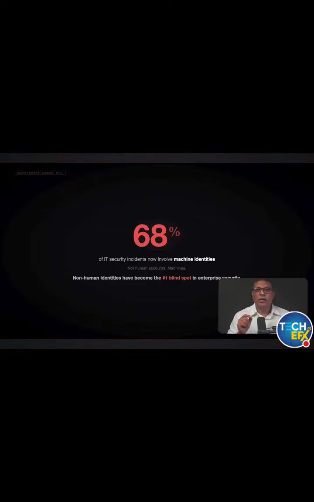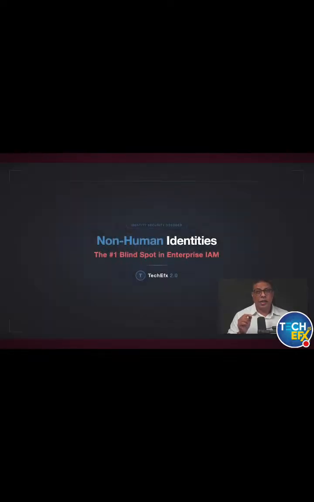They are non-human accounts. If you look at the current identity landscape, most identity and access management programs were never built for this. And that is exactly why non-human identities have become the number one blind spot in enterprise security.